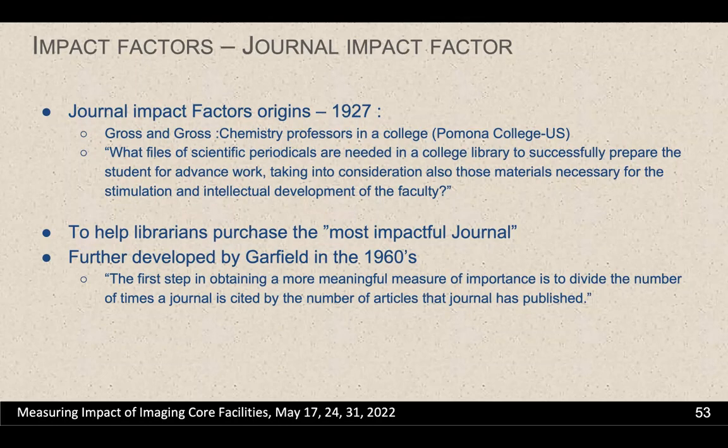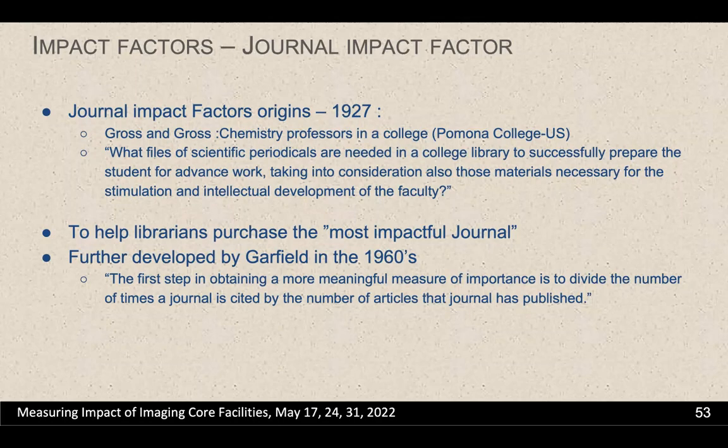So basically, what do you need to make sure you have the right documents for your students? And then it gave rise to the question of what librarians in a university need to purchase so that they provide the most impactful journals to the researchers.